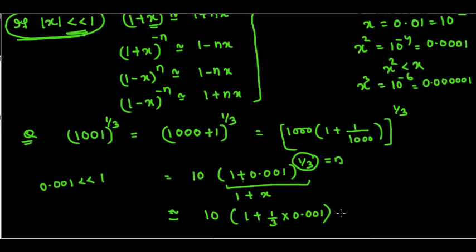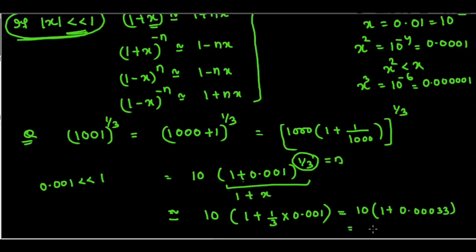So the total answer will be how much? It will be 10 into 1 plus 0.00033. We can ignore the other terms, the x square terms, the x to the power 3 terms. So we have to consider only the first two terms.